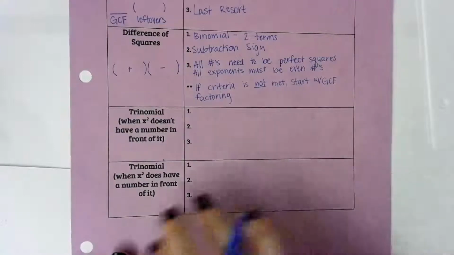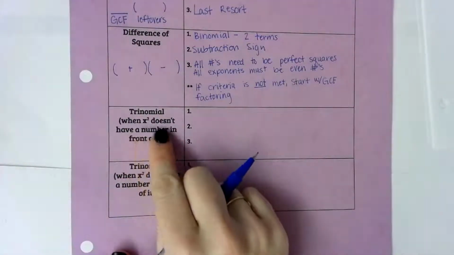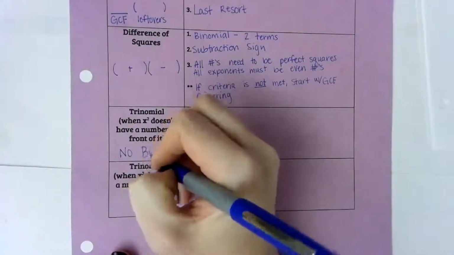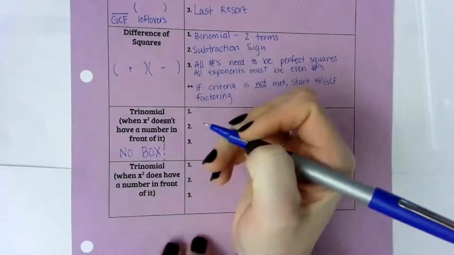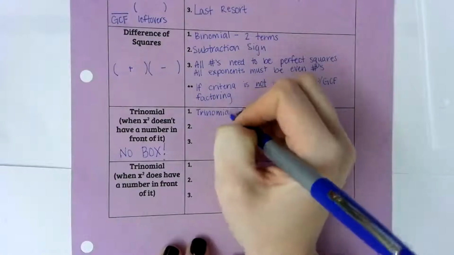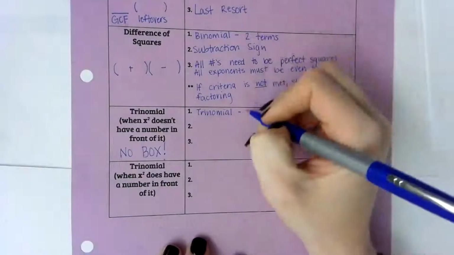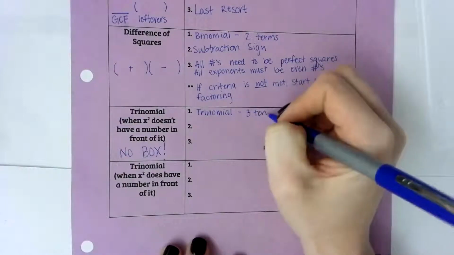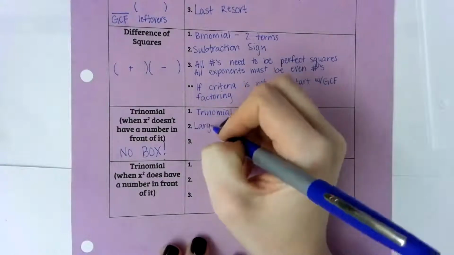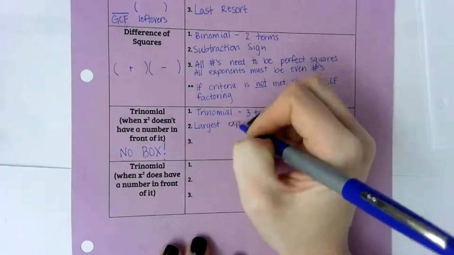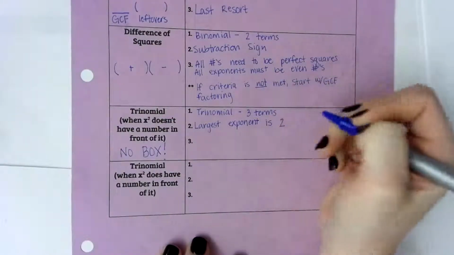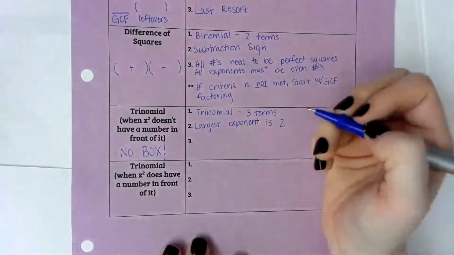Okay, so your trinomial factoring, so when x squared doesn't have a number in front of it, so this is when you have no box. So you need to have a trinomial, which, like your binomial, this one is 3 terms. Your largest exponent is 2, so x squared, y squared, whatever.